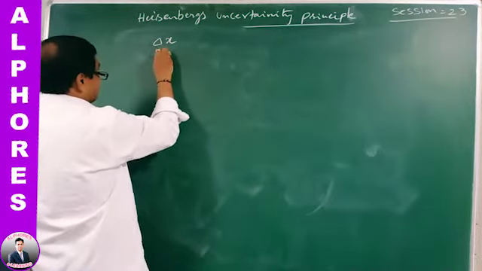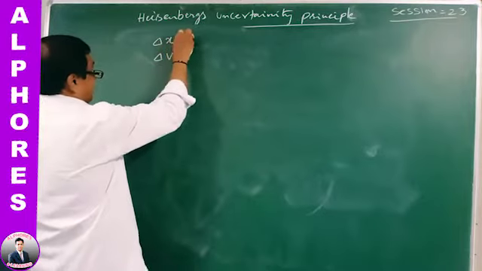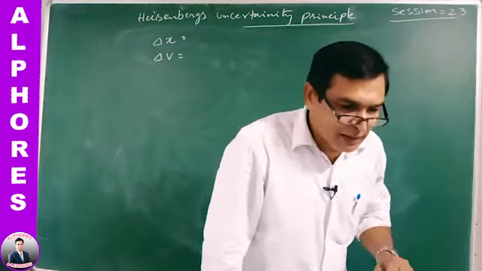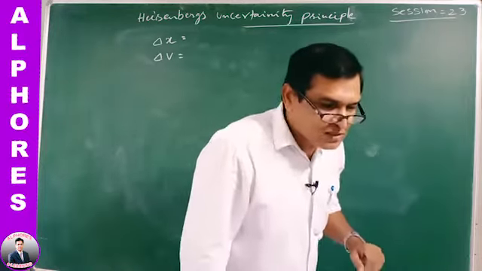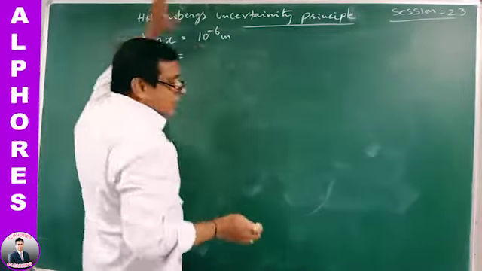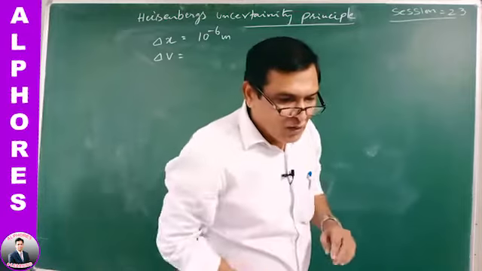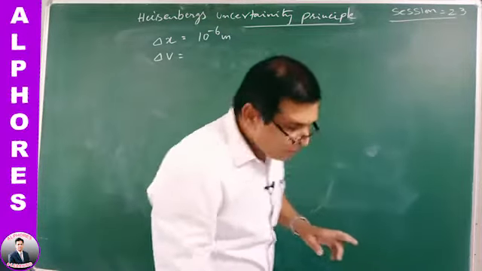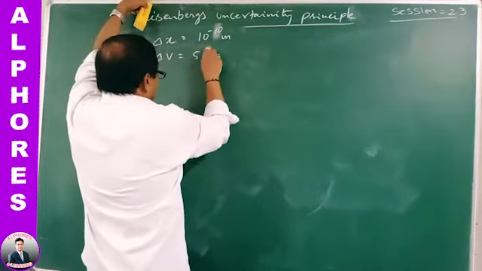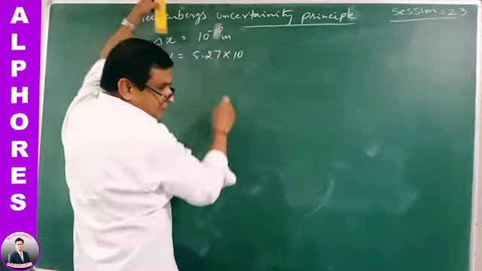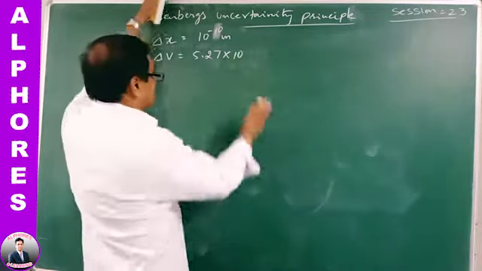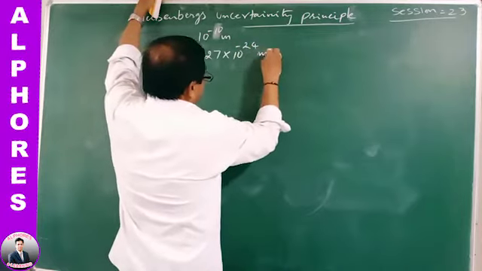Both values are available. The uncertainty in the position is 10 to the power minus 6 meters, and the uncertainty in the velocity of the particle is 5.27 into 10 to the power minus 24 meters per second.